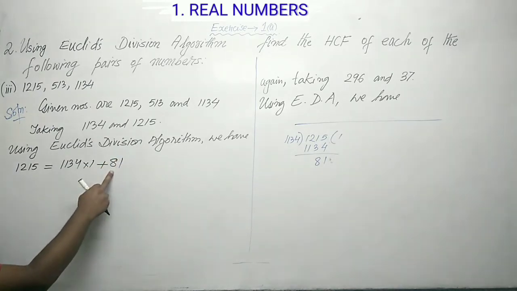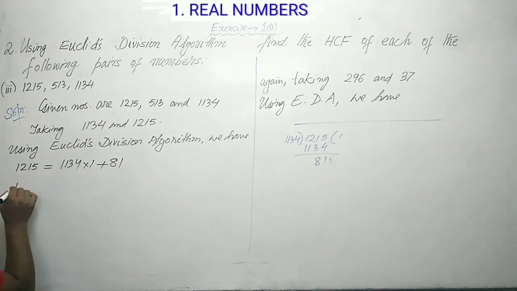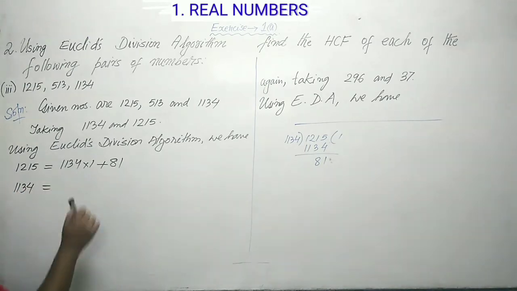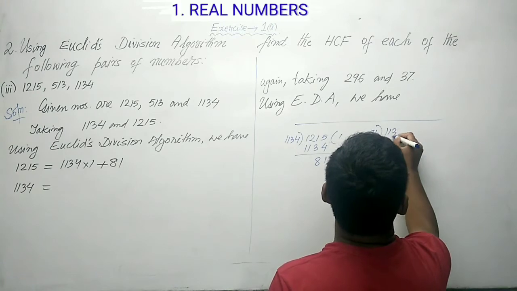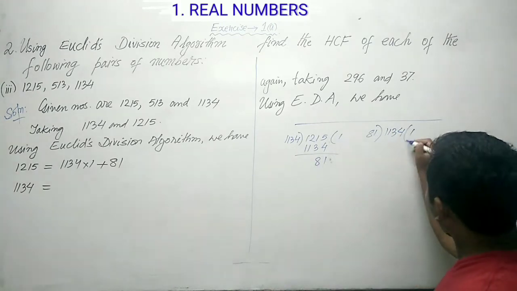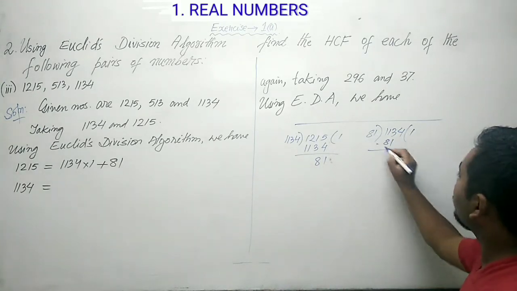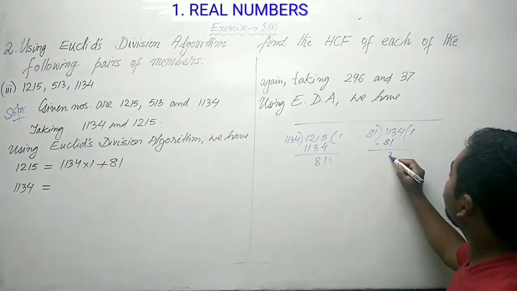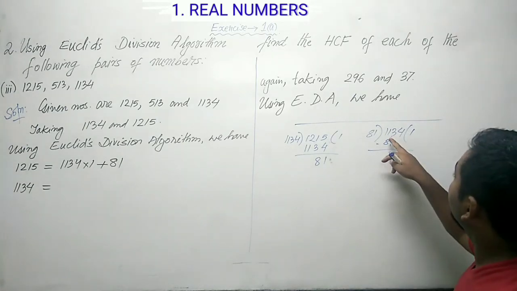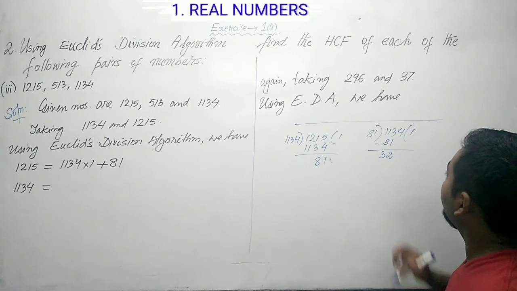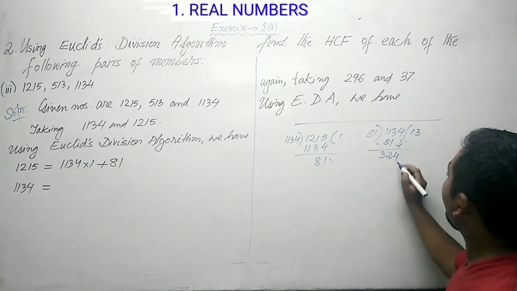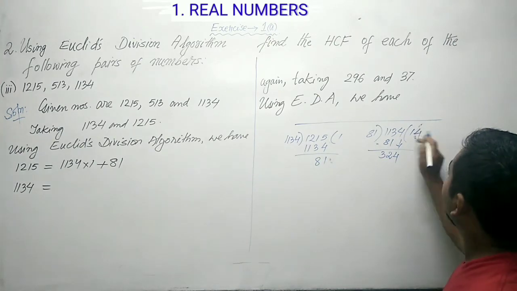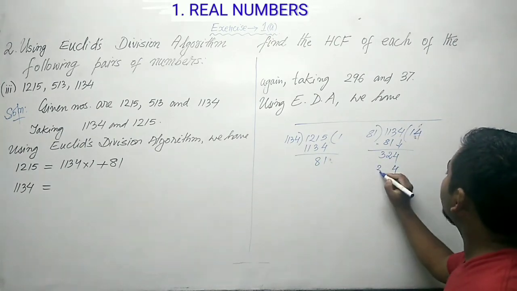Now again, the remainder is not 0. Let us divide 1134 by 81. 81 will divide 1134. Let us do it this way. 81 subtract: 3 minus 1 is 2, 11 minus 8 is 3, and this 4 will come down. 81 3s are 81, 4 ones are 4, 8 4s are 32.